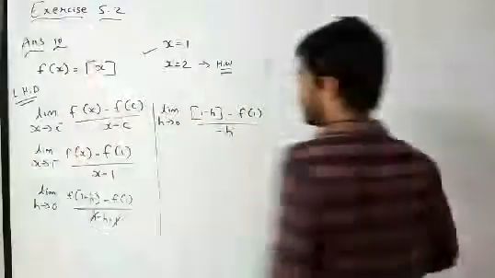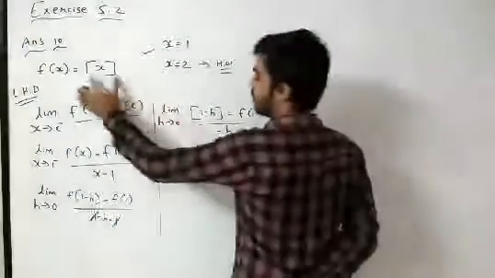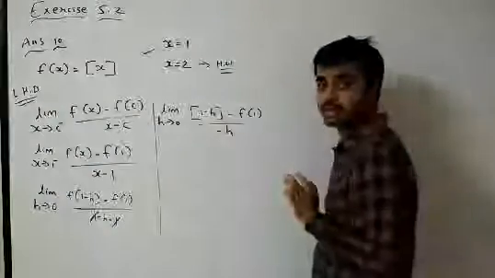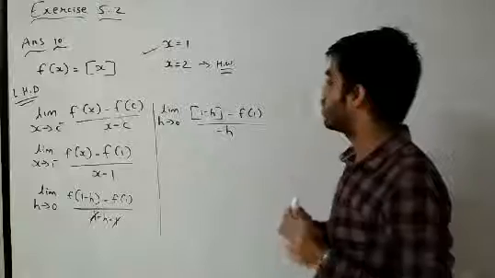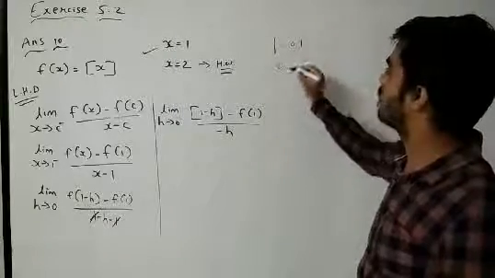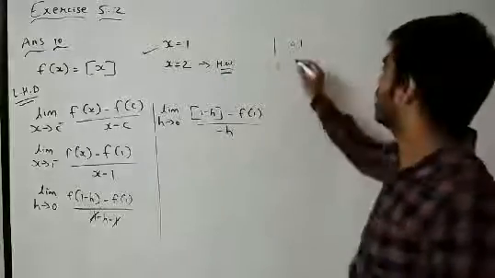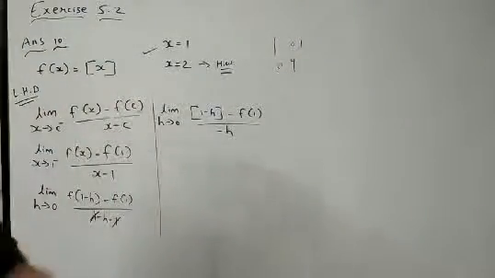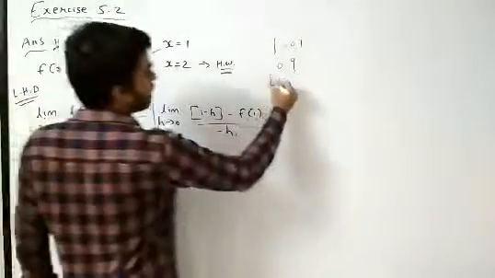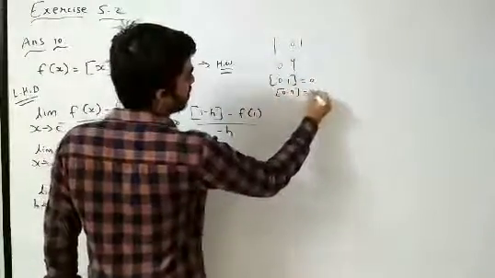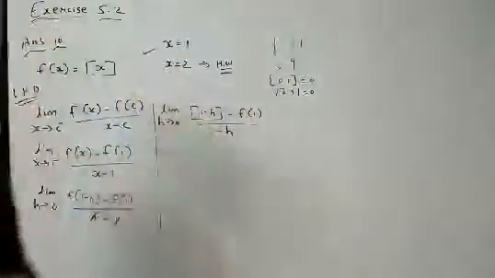Now listen carefully: if I remove 0.1 from 1, what remains? 0 point something, 0.9. If I subtract anything from 1, I get 0 point something. And in the greatest integer function, even if it is 0.1 it is 0, and if it is 0.9 it is also 0. This is what you have to understand.